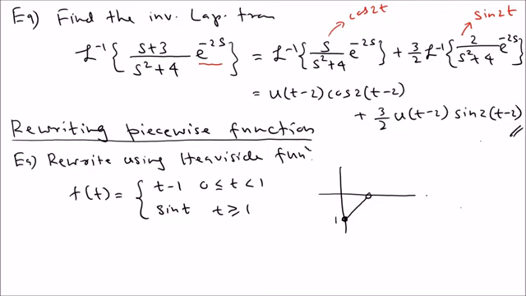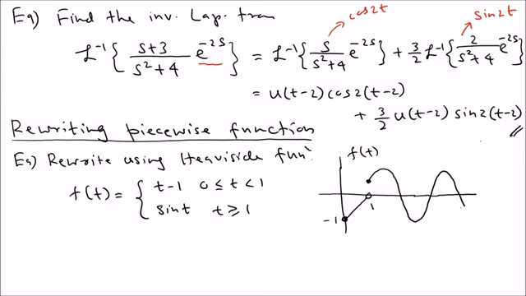This is going to go to 1, negative 1. And then it's going to jump to the sine function at 1. So sine 1 is a number somewhere, and then it's going to follow the rest of the sine function. So that's the idea. After 1, it's going to follow the sine function, but until then it's t minus 1. So these are what we call piecewise functions.